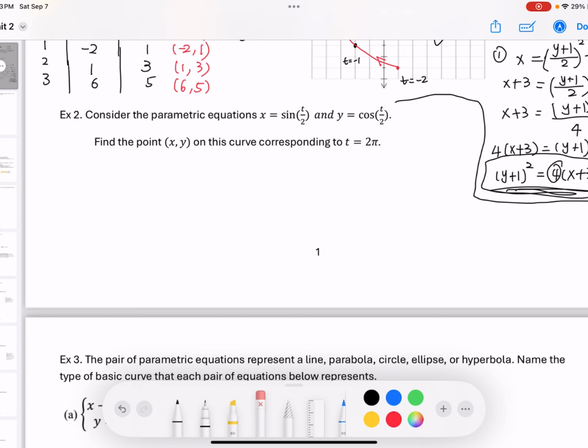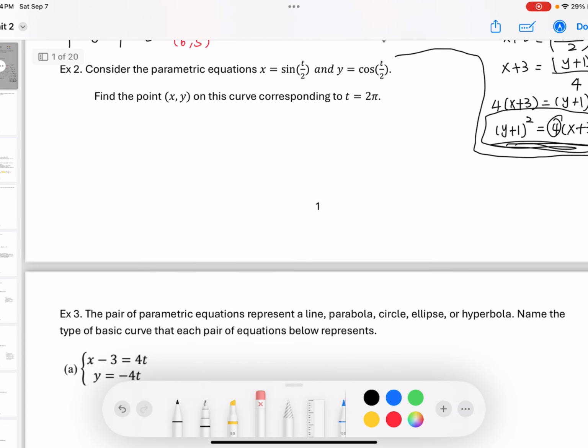Let's see example 2. Consider the parametric equations x is equal to sine of t over 2 and y is equal to cosine of t over 2. Find the point (x, y) on this curve corresponding to t equal to 2 pi. This question is just looking for the point (x, y).